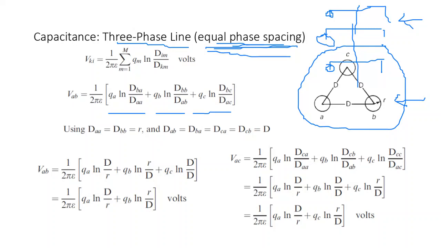So to know if they are equal, what we do here is simply add the voltages. We add the charges here, natural log, etc., for phase B and phase C. And then we can go on: DAA equals DBB equals the radius, and all the distances are equal, the same, which equals D. Therefore, we can put the form into VAB, which will be this one here, and VAC will be this one.